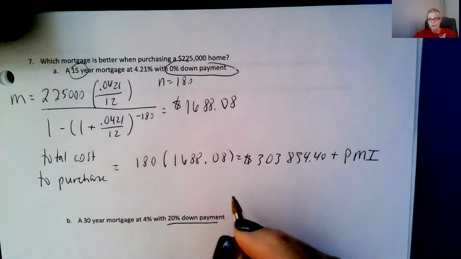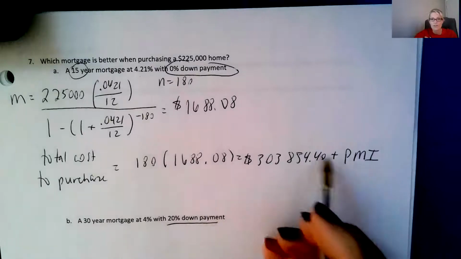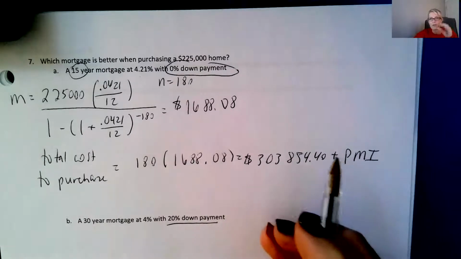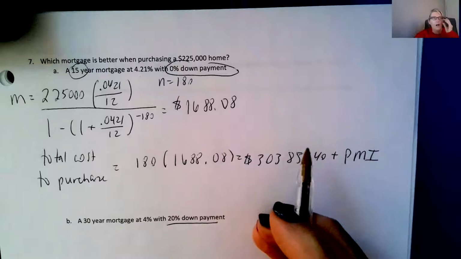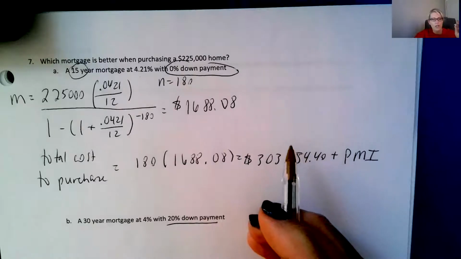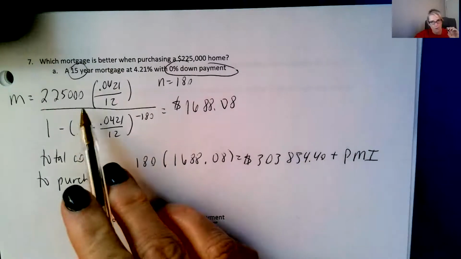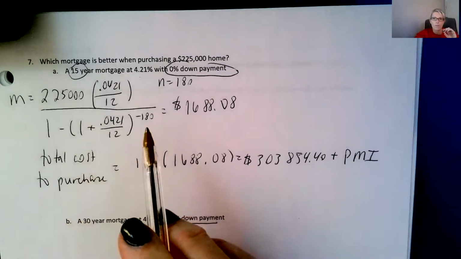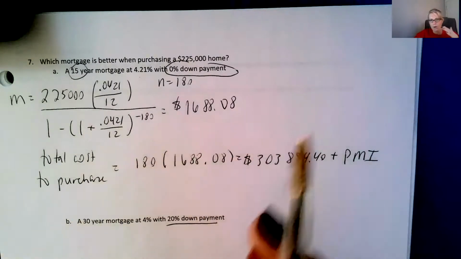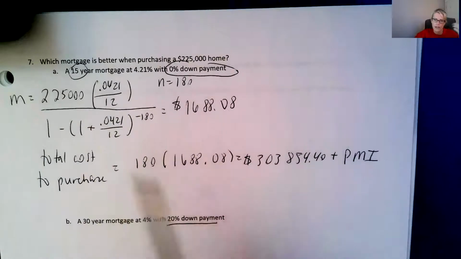If you have 15% down, that's great, but you're still going to have to pay PMI until you only owe 80% of the cost of your home. Okay, that means you have 20% down.